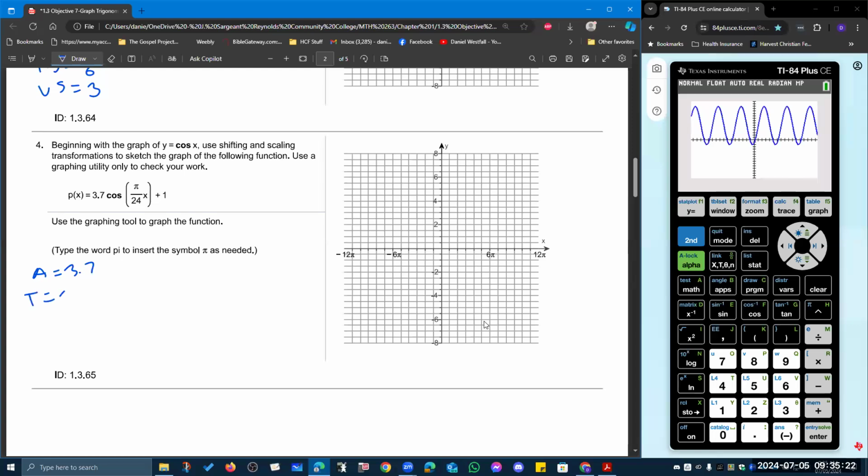Our period equals 2 pi divided by pi over 24, which is 2 pi times 24 over pi, which is 48. Our phase shift is 0. Our vertical shift is 1.